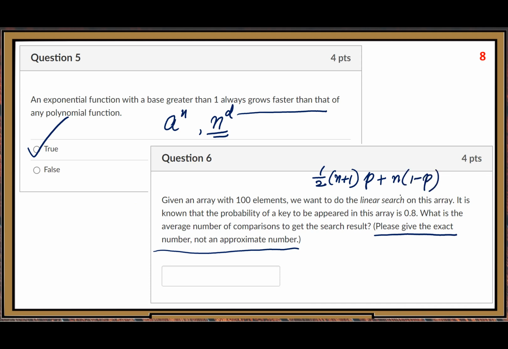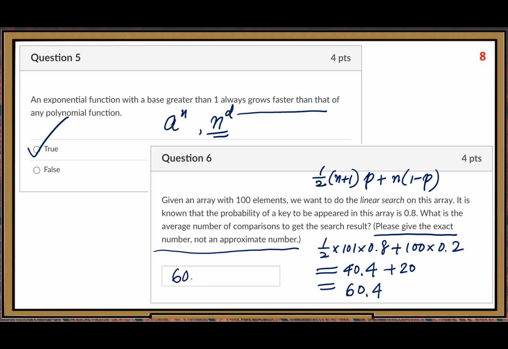Okay, p is 0.8, so 1/2 times 101 times 0.8 plus 100 times 0.2. Make sure your calculation is correct. So 1/2 times 0.8 is 0.4, 40.4, plus 20. So the answer is 60.4.